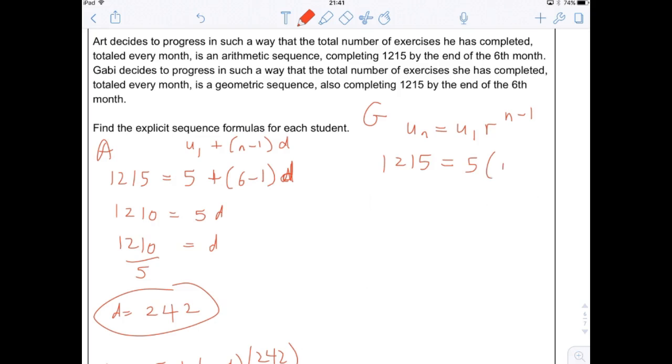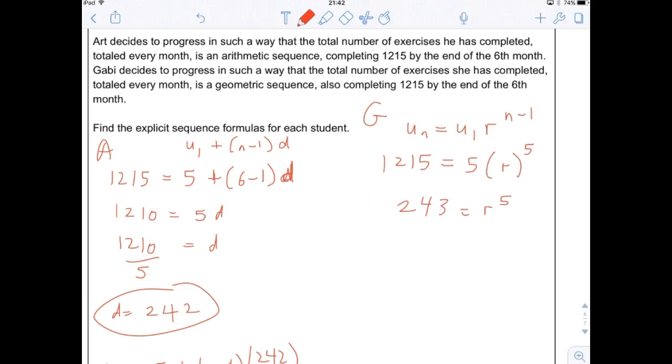Then r is unknown, and n minus 1 would be 6 minus 1, which is 5. So let's solve for r. We're going to take 1,215 and divide by 5. That turns out to be 243.